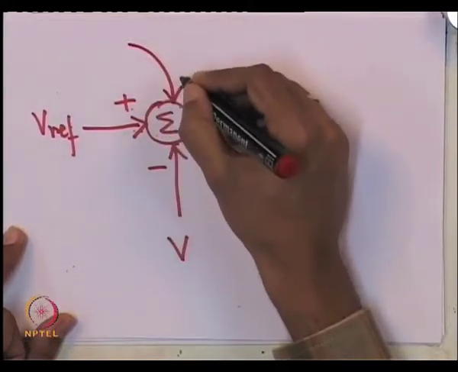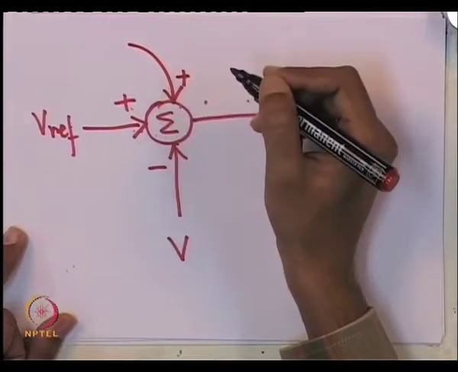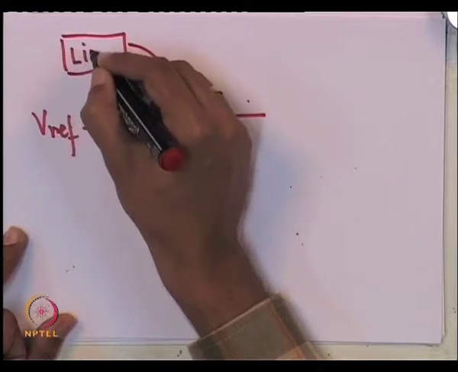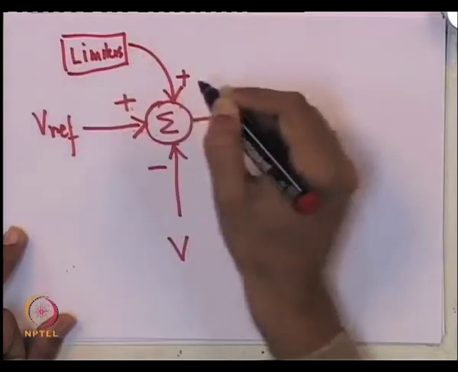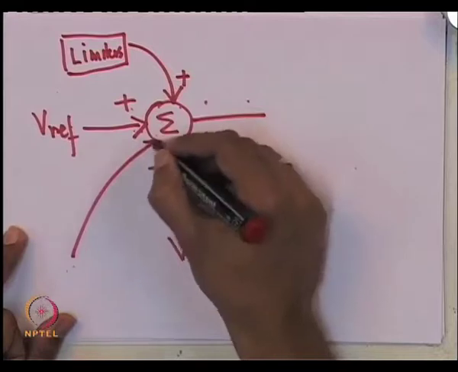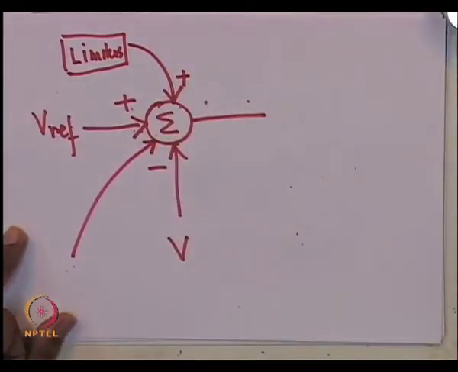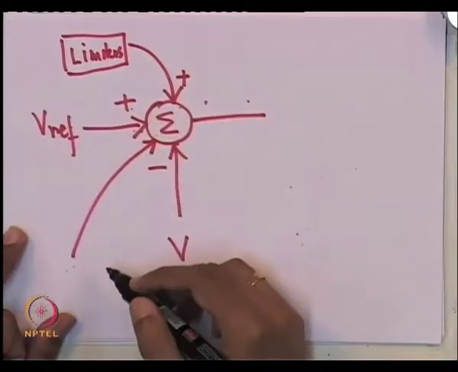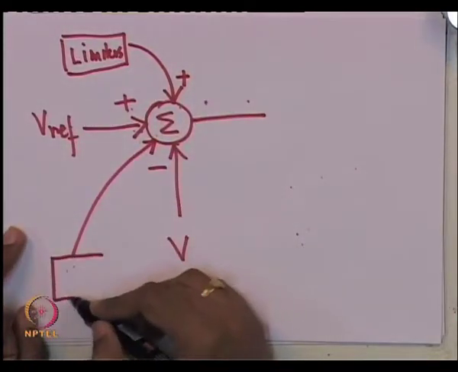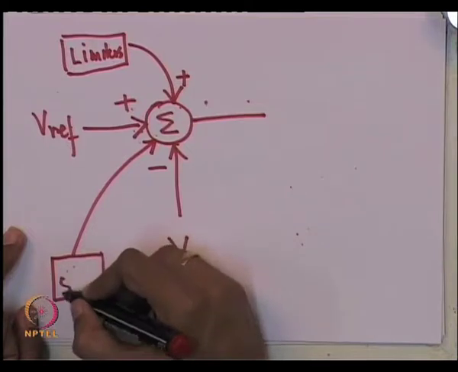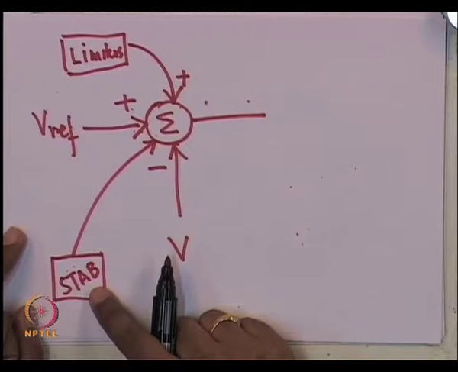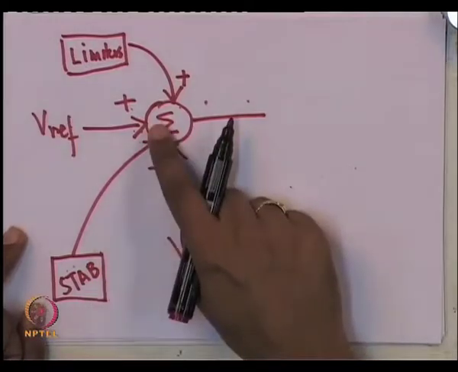You may have overriding additions or subtractions from limiters, and you may wish to modulate this voltage reference by some external stabilizers. Now, we shall discuss these stabilizers later in the course, but remember you can modulate these things.